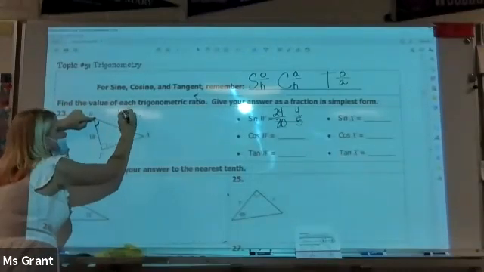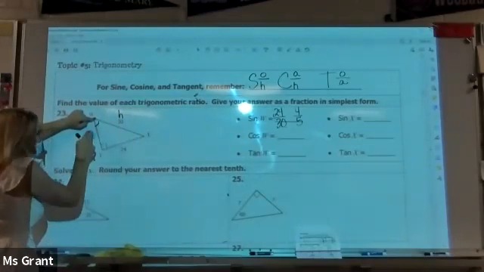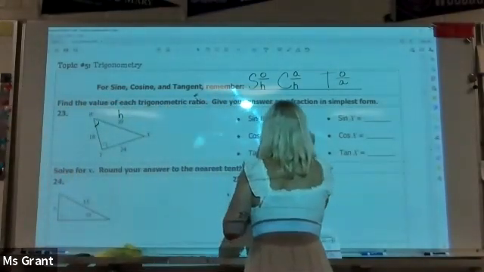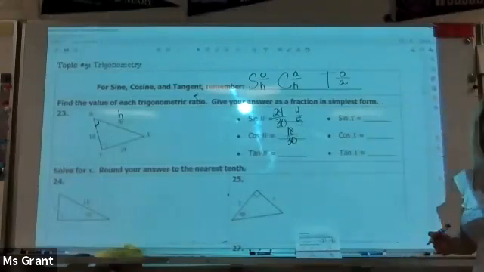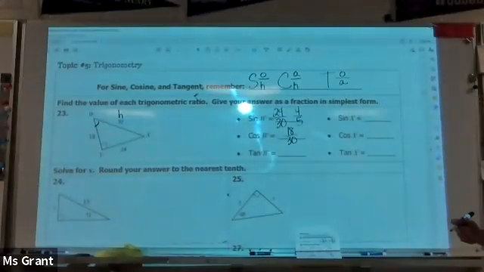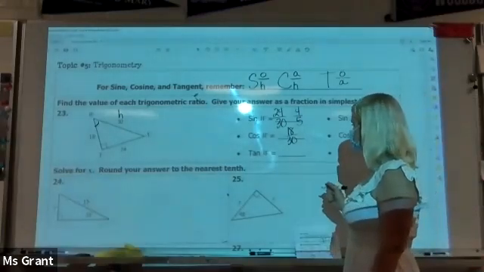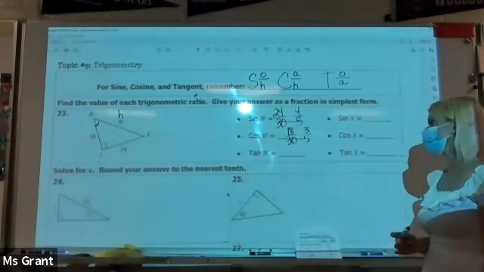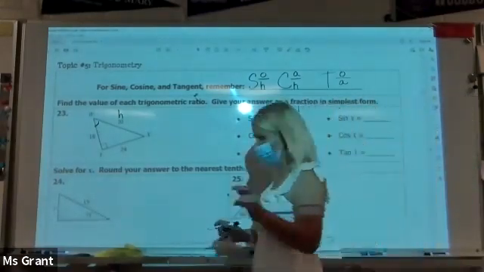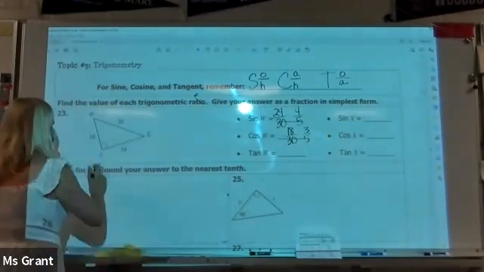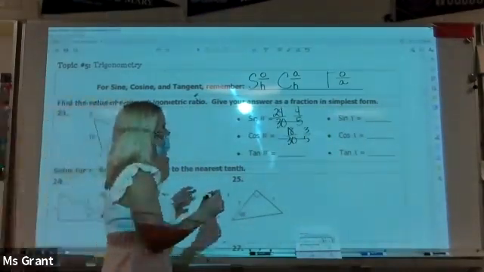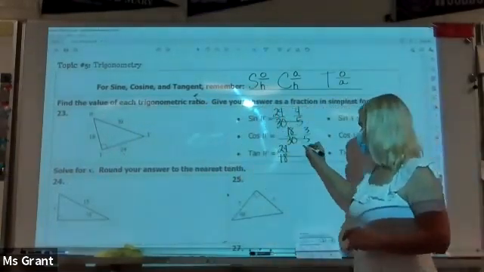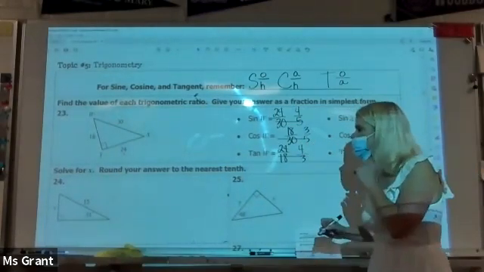The hypotenuse has its own value always. Adjacent means right next to. 18/30. So I guess 6 again. 3/5. Tangent, opposite over adjacent. Opposite over adjacent, 24/18. 4/3.